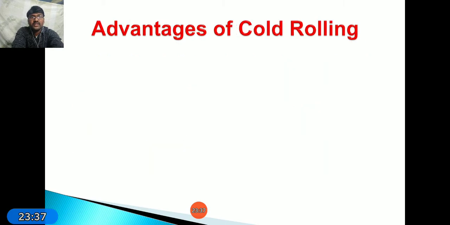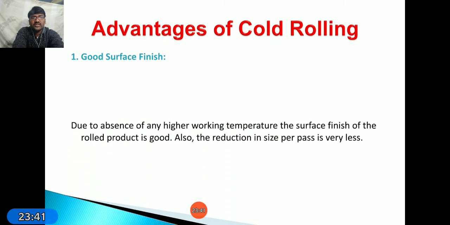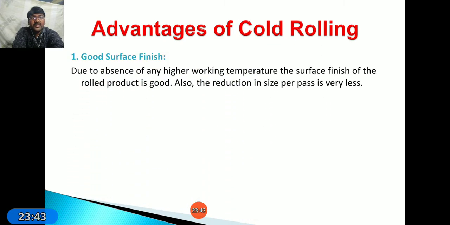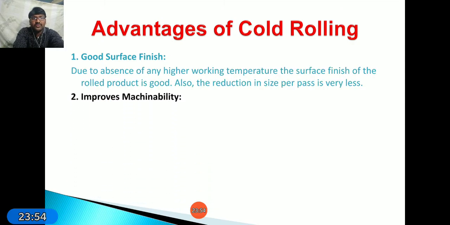Next, the advantages of cold rolling. Good surface finish: due to the absence of a high working temperature, oxidation will be reduced. Due to this, the reduction in size per pass is very small. Next, improved machinability.